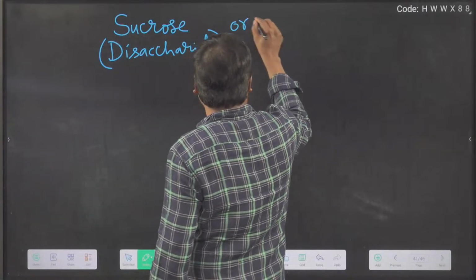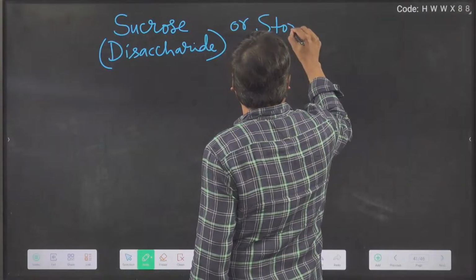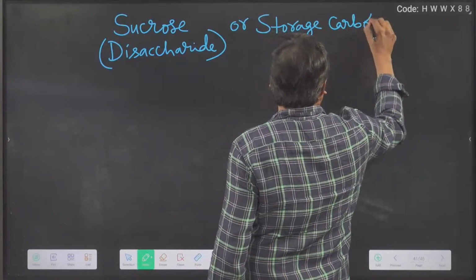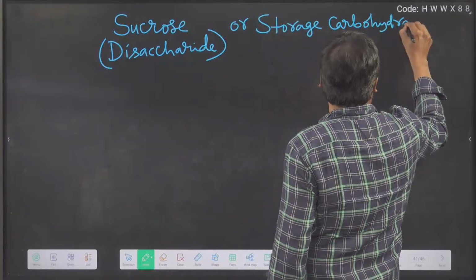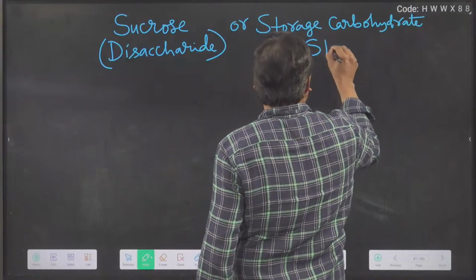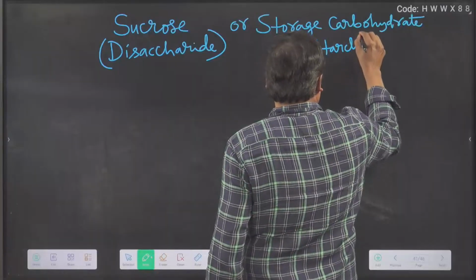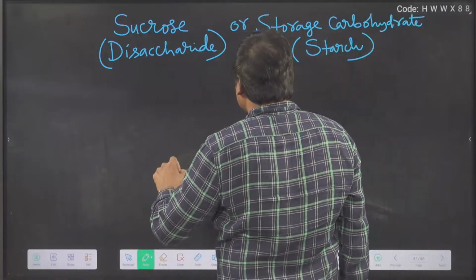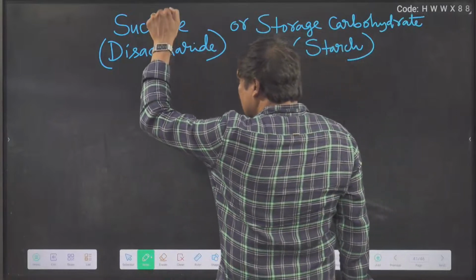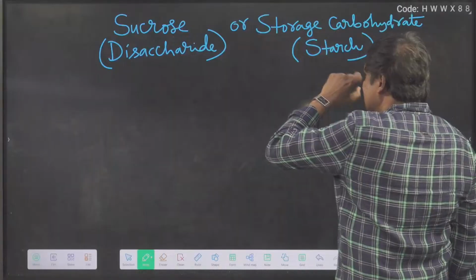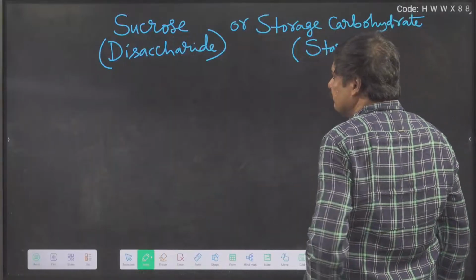Or the storage carbohydrate, that is starch. That means the glucose in plants comes either from sucrose or from starch. Starch is a polysaccharide.